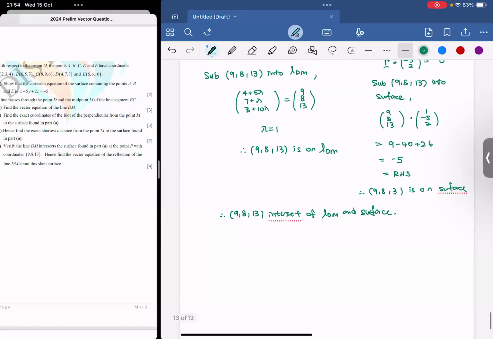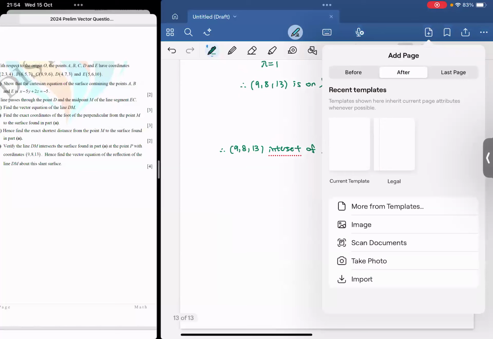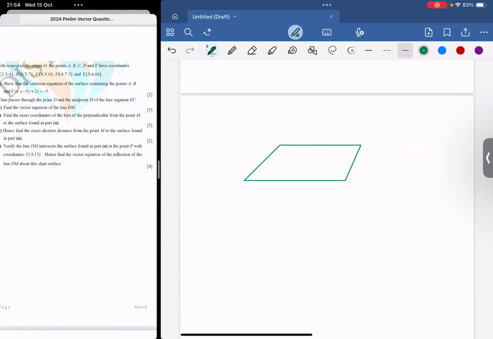Hence, find the reflection. On a new page, this is the surface and this is the line DM. This point here is our point (9, 8, 13).